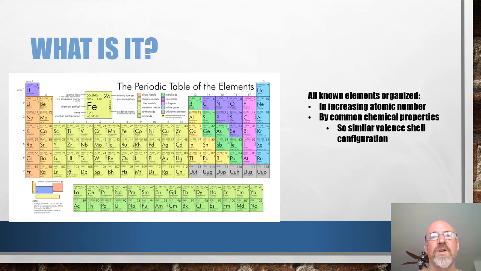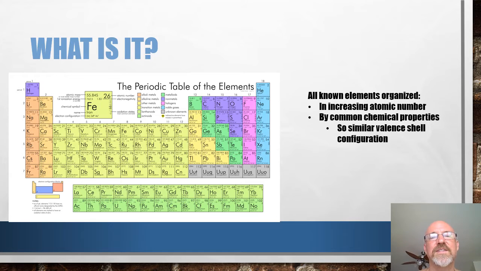But the modern periodic chart owes its basic structure and organization to Dmitry Mendeleev, a Russian scientist who, in the process of trying to write his own chemistry textbook, which was something that was done in his day, needed a way to organize many of the elements outside the most common ones.